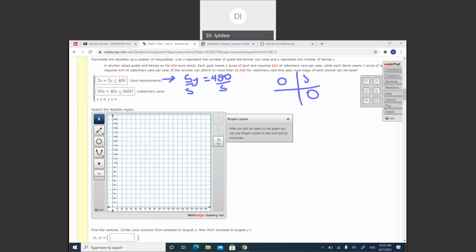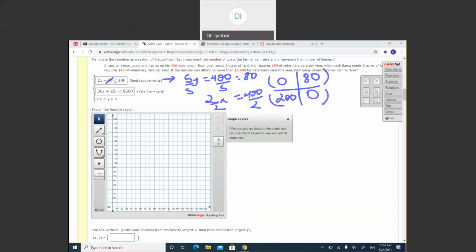So y is going to be 80. Then the second point in the first inequality: when I replace y with 0, I'm going to get 2x equals 400. I'm going to divide both sides by 2, and that's going to be 200. So these are the points I'm going to use for the first line.